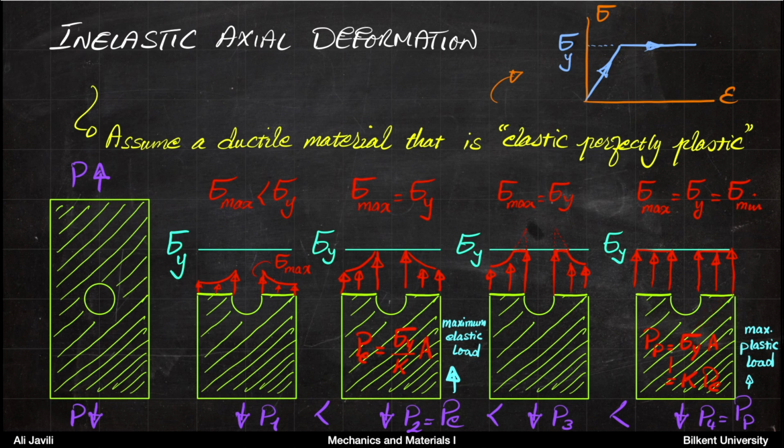That would be your relation. And if you compare this relation with what we had here, you can actually see that maximum plastic load is equal to stress concentration factor times maximum elastic load.